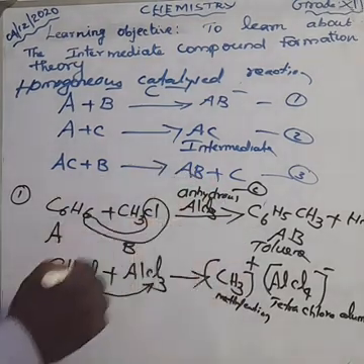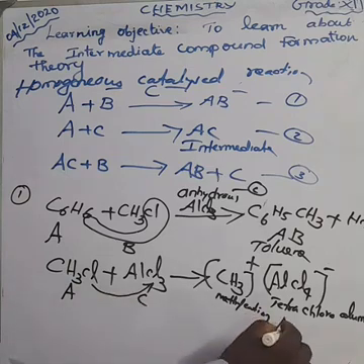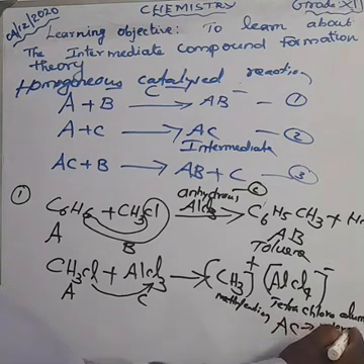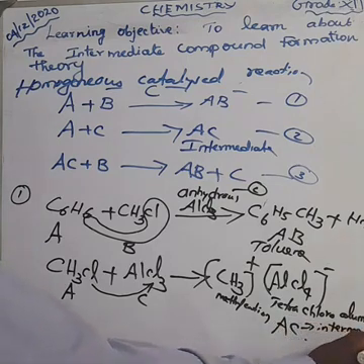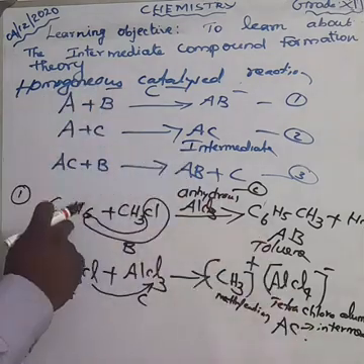We can take this as A and this as C. We get AC, which is called the intermediate.